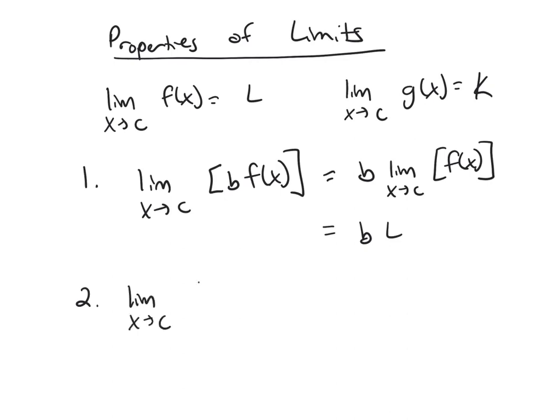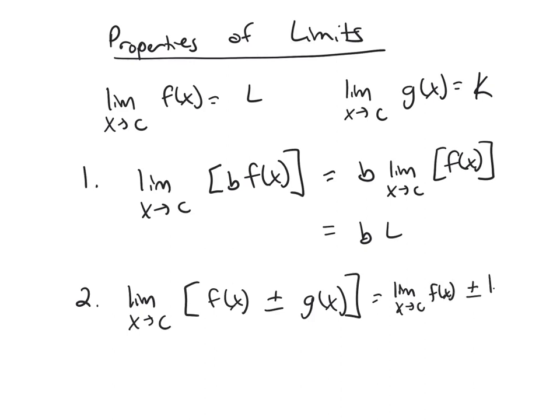If I take the limit of f of x plus or minus g of x, you can split this up into the limit of each piece, the limit of f of x plus or minus the limit as x goes to c of g of x, and this is L plus or minus k.